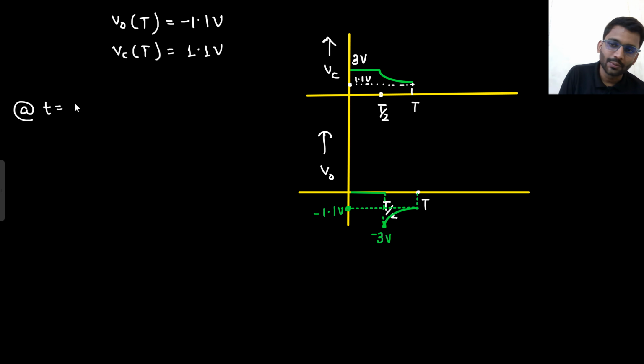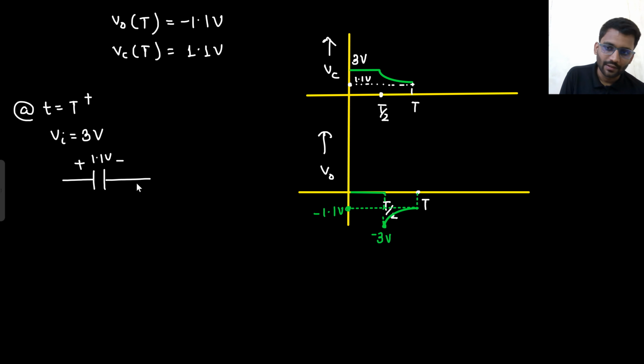At t equals to t plus, what is happening? Input is again 3 volt. The capacitor is not changing its voltage. Let's assume it is at 1.1 volt only. This was our diode, and this was the resistor.